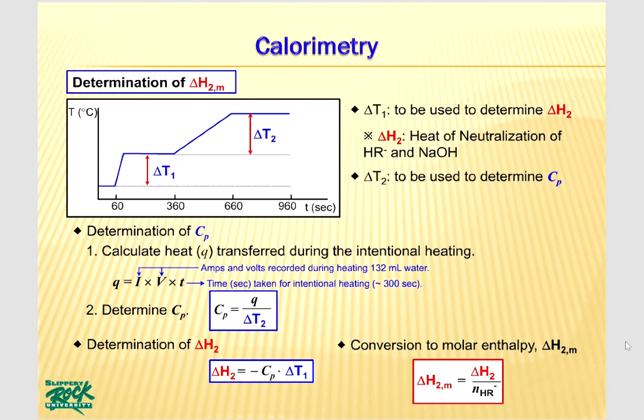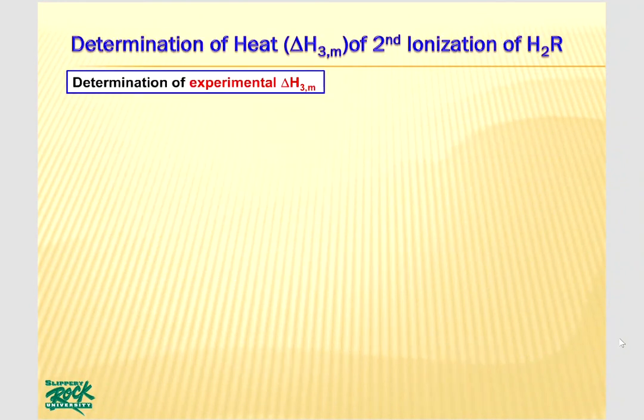Like HCl, HR- is the limiting reactant in the reaction. The experimental value of molar delta H3 can be calculated simply by molar delta H2 minus molar delta H1.